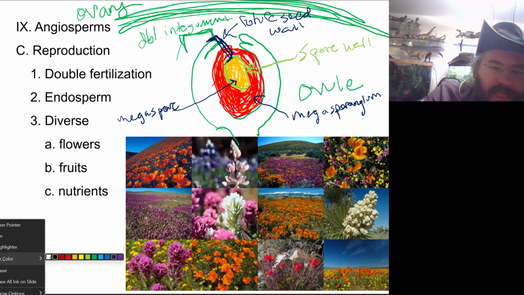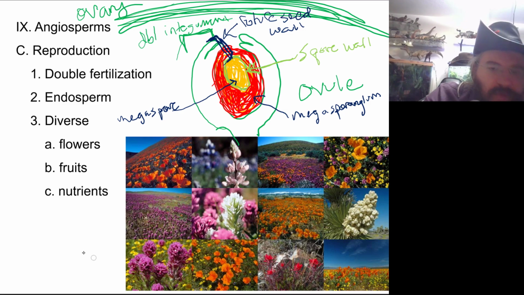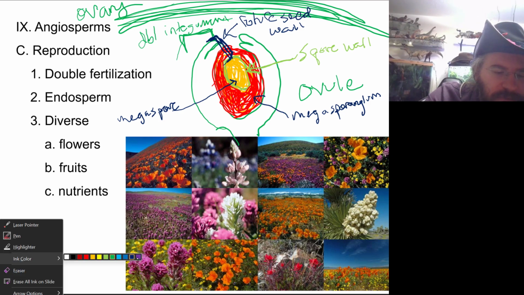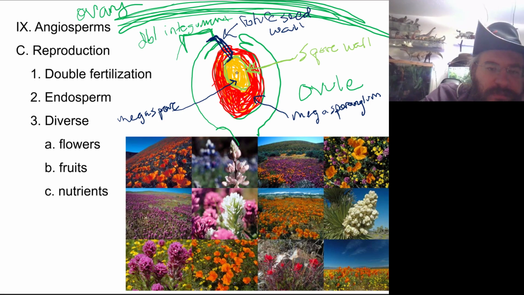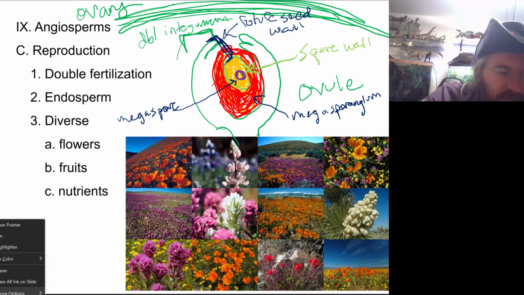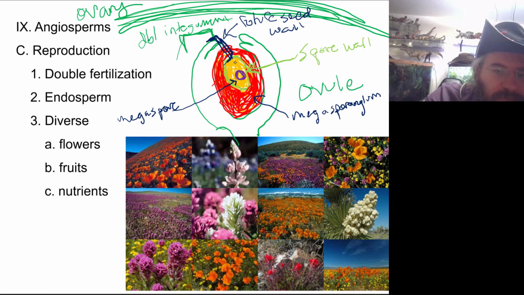Now, that megaspore is kind of neat because we're going to have our egg in there. Let's go purple. And we're going to have our gametophyte, blue.